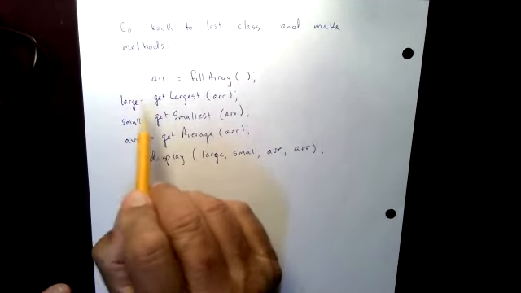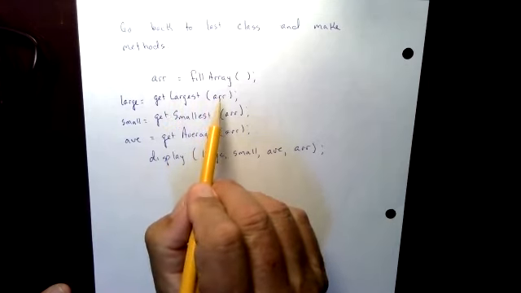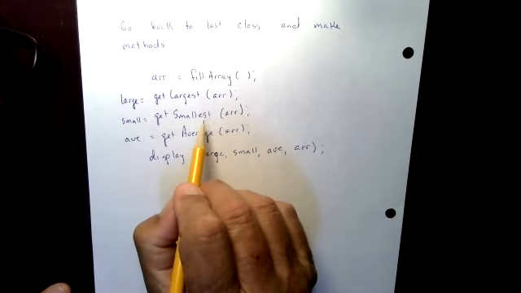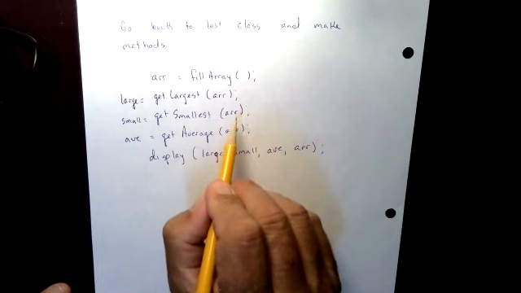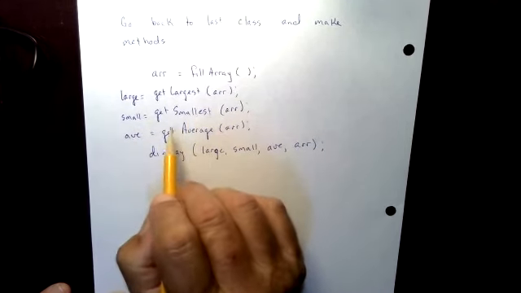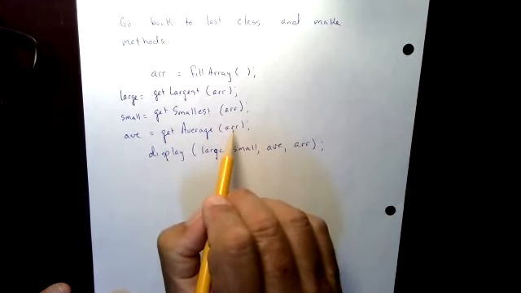Then I'm going to have a value large equals getLargest, a method that I pass the array in. Small equals getSmallest, and I'm going to pass the array in. I have a value average, where I'm going to call the getAverage method, passing the array in.